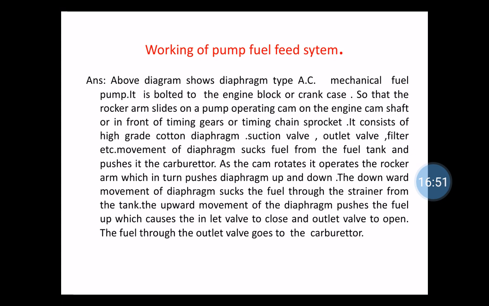The downward movement of the diaphragm sucks the fuel through the strainer from the tank. The upward movement of the diaphragm pushes the fuel up, which causes the inlet valve to close and the outlet valve to open. The fuel goes through the outlet valve to the carburetor.